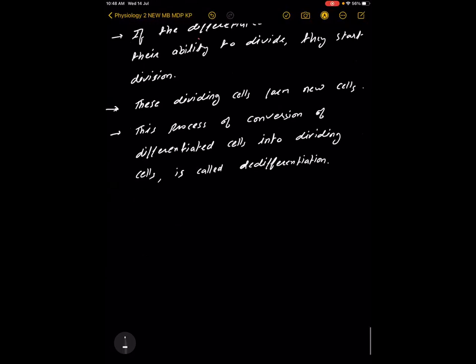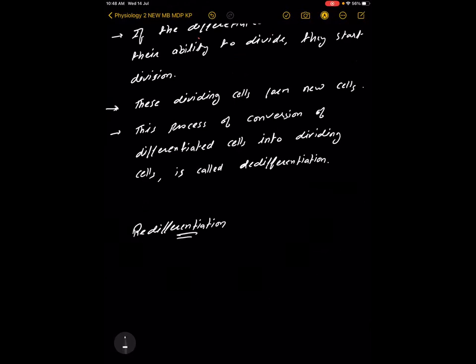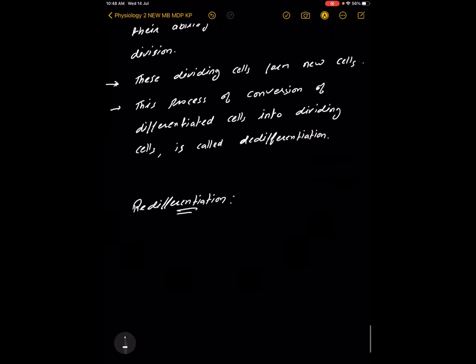And the third is redifferentiation. So in redifferentiation, what happens? Again, these dividing cells, after some time, lose their power of division. And they get differentiated again into the next cell or next tissue, that is secondary permanent tissue.